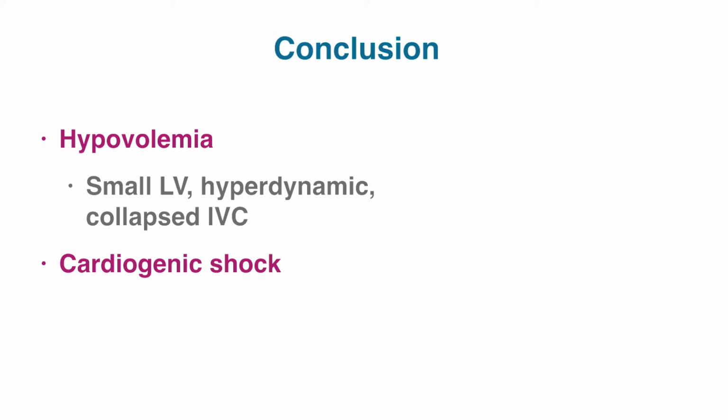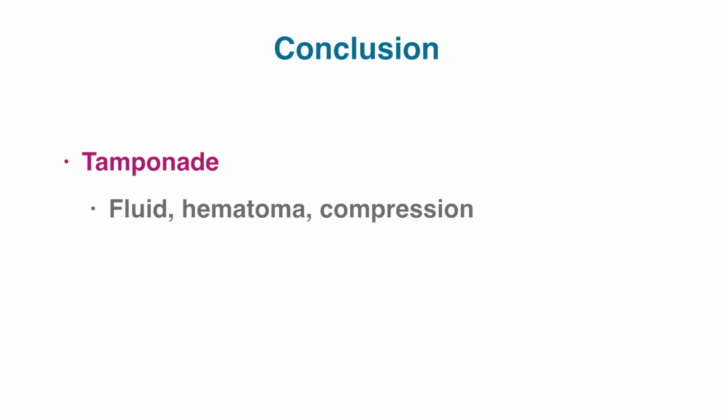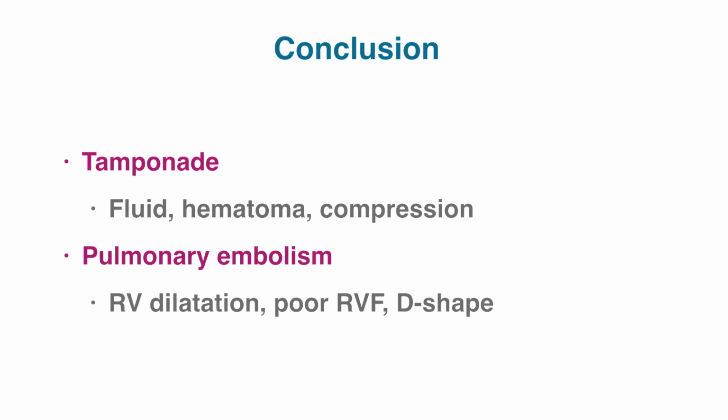In cardiogenic shock, look for poor left ventricular function, wall motion abnormalities, and a dilated left ventricle. In tamponade, you will see some fluid or a hematoma, and you look for compression of the chambers. And in pulmonary embolism, the right ventricle dilatation, the poor right ventricle function, and the D-shape are typical signs.